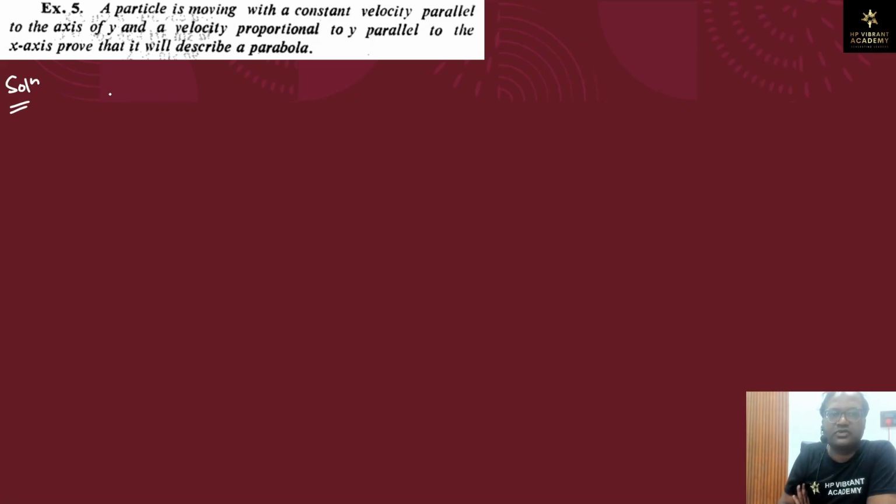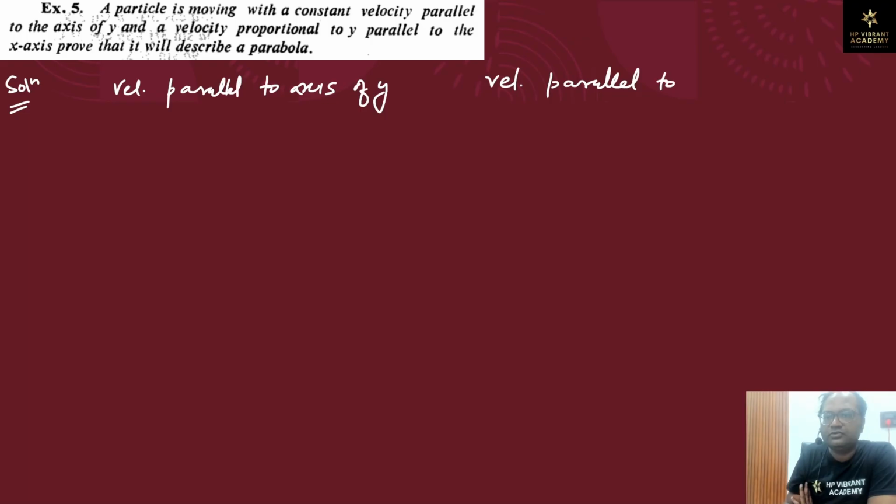A particle is moving with a constant velocity parallel to the axis of y and a velocity proportional to y parallel to the x-axis. So similar to the last question. Let us write down the velocity parallel to the axis of y and the velocity parallel to the axis of x.